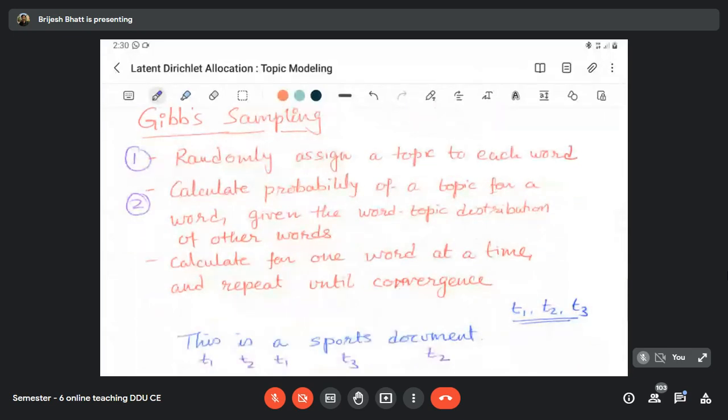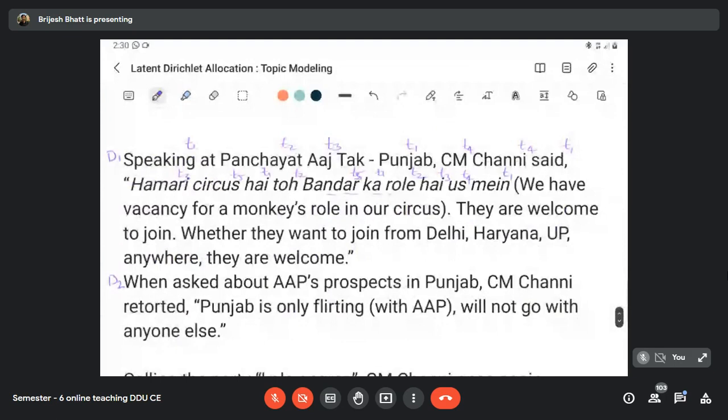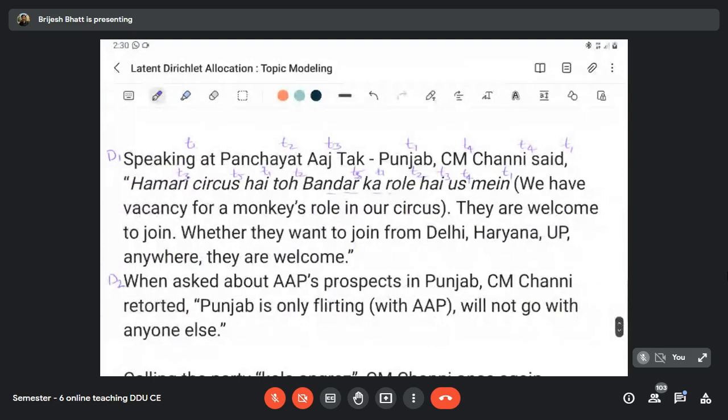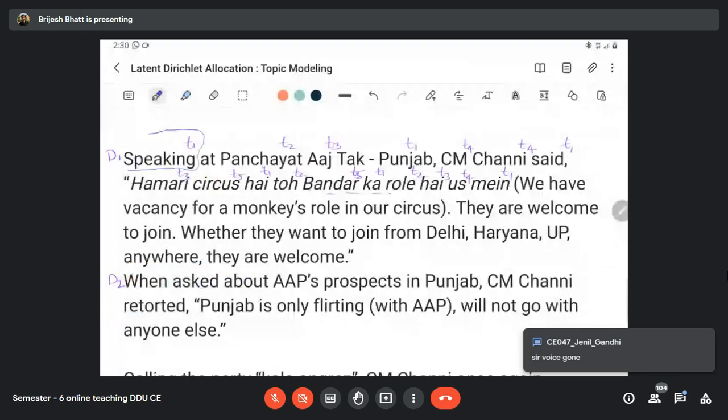Now once the words are randomly assigned, believe that the assignment is correct, and with that belief, try to change the assignment of one word at a time.